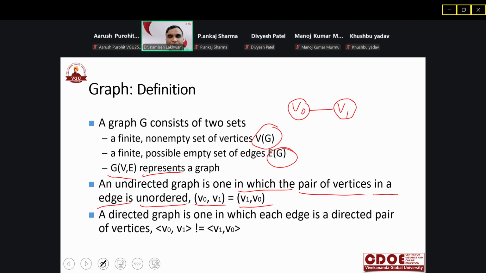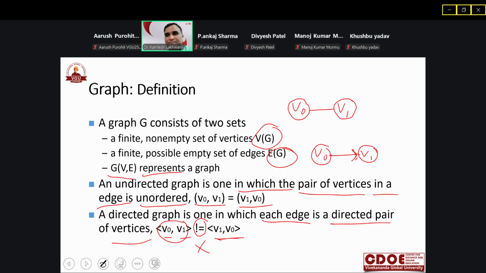A directed graph is one in which each edge is a directed pair of vertices, like V0 to V1, that is not equal to V1 to V0. For example, there is a node V0, another node is V1, or you can say vertex. If there is a connected edge from V0 to V1, it doesn't mean there exists an edge from V1 to V0. So this kind of graph is called a directed graph, in which an edge between V0 to V1 is not equal to an edge between V1 to V0.